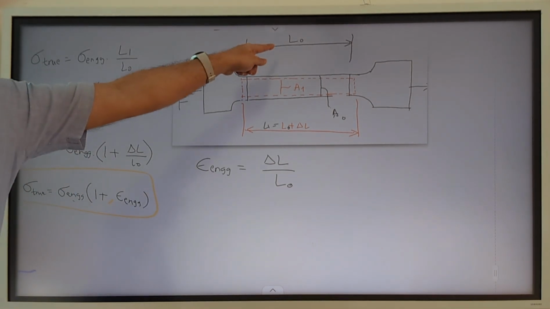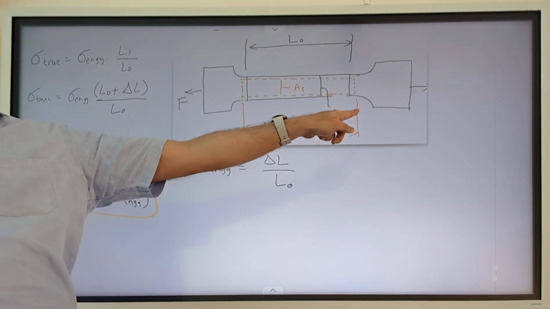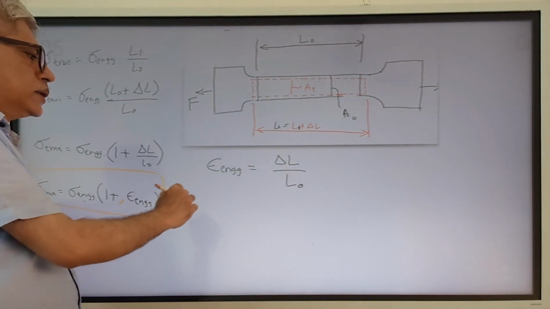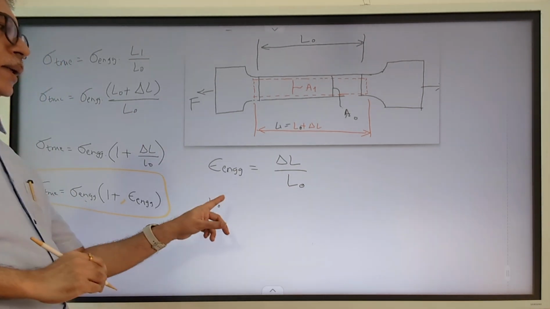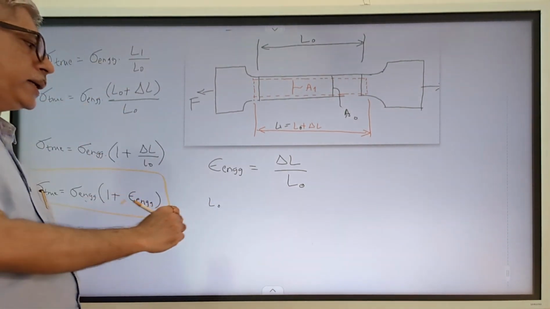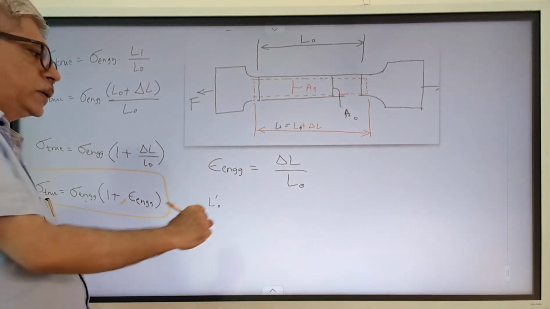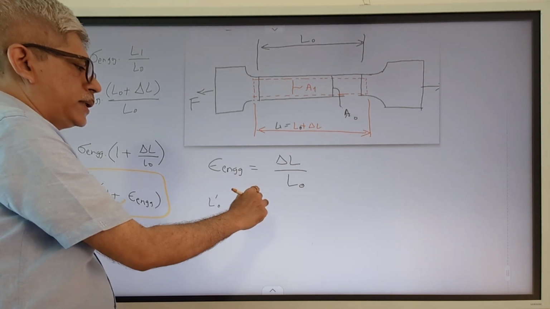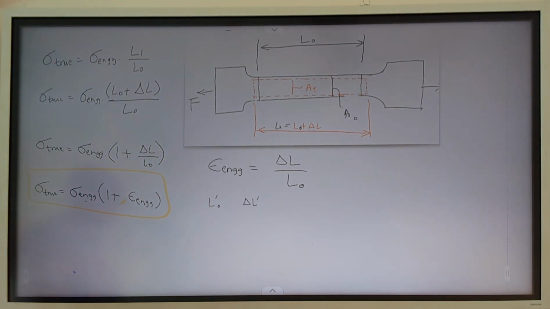So original length was L naught, it started elongating and finally it became L1. The original length was L naught and it got elongated to some length, let's call it L0 dash, and at that instant there was some small change in this length, so I call it delta L dash.